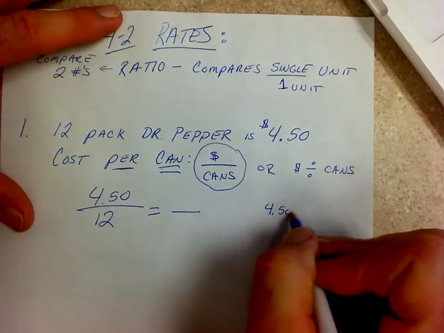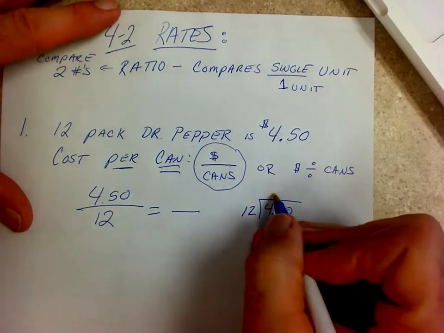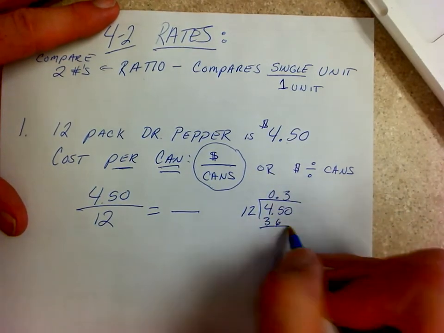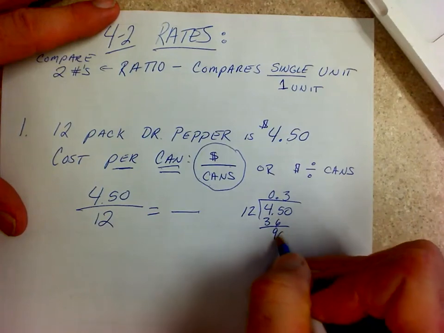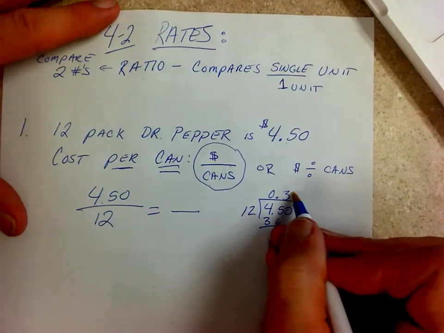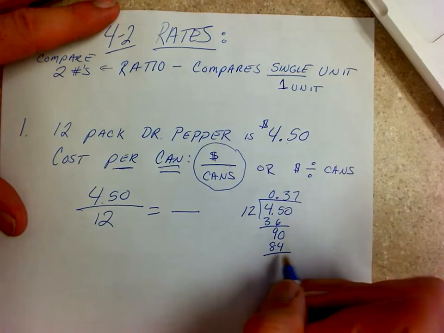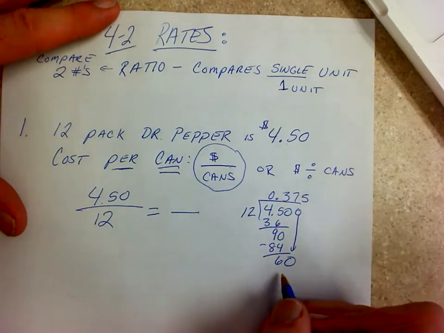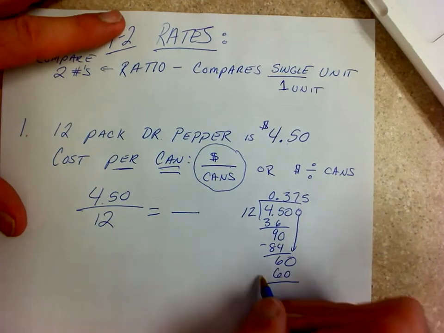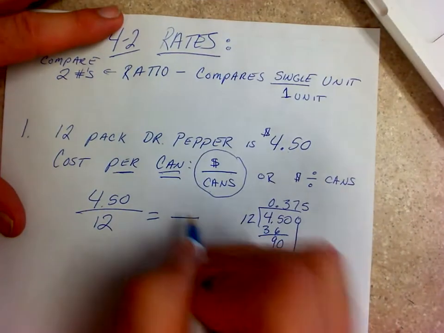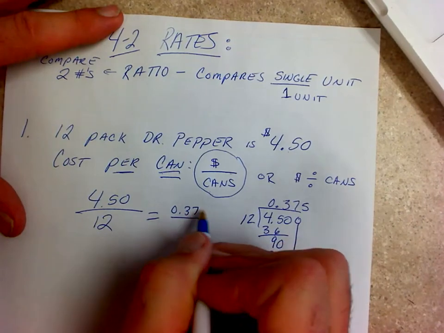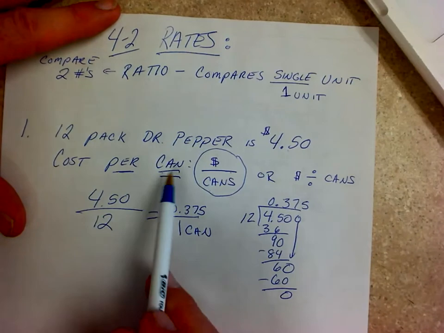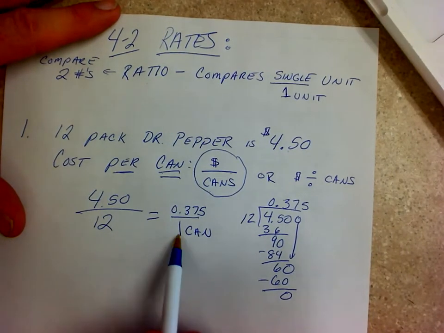I do not have a calculator handy, so I will do long division. So we get 0.375 for one can, because that's what they want to know: what's the cost for one can?